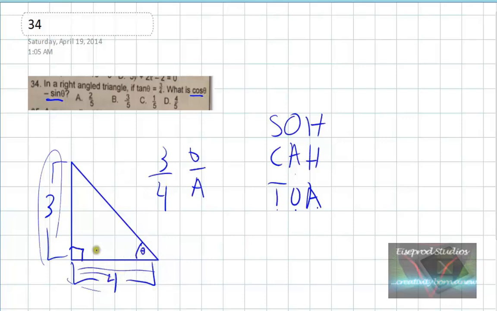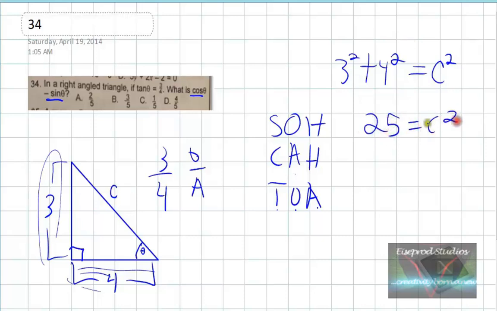To figure that out, we could just take 3 squared plus 4 squared, because these two sides squared will be equal to this side squared as well. I'll call this side C. We could add these up and find out that they add to 25. If we take the square root of both sides, we'll get that C is equal to 5.